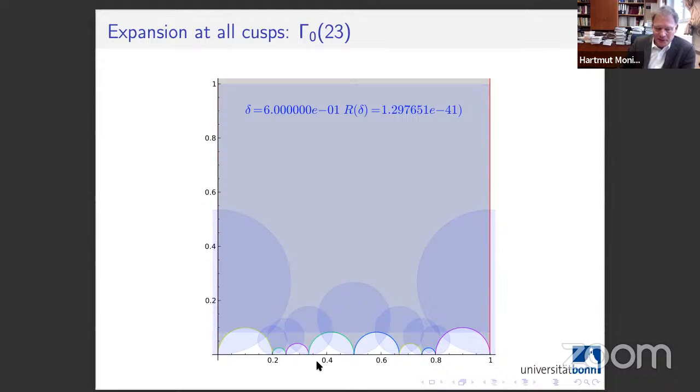This is the fundamental domain of gamma 0, 32. And what I'm showing you here in this plot is basically the radius of convergence of a cusp expansion with a particular cutoff delta. So in each of these circles, you can obtain an estimate of the J function, of the Hauptmodul, with a given accuracy.